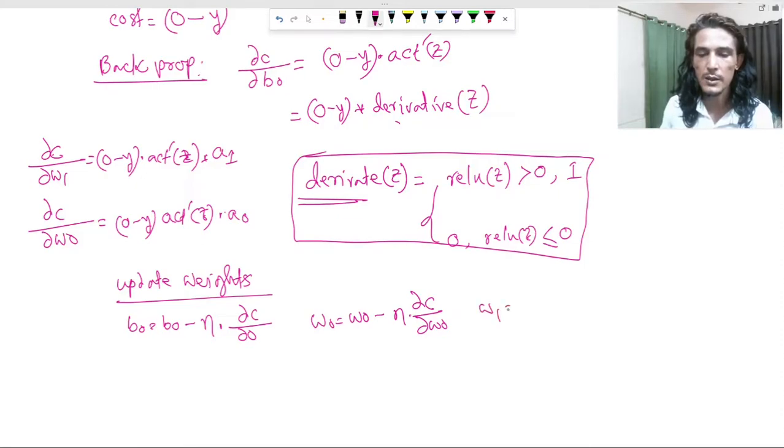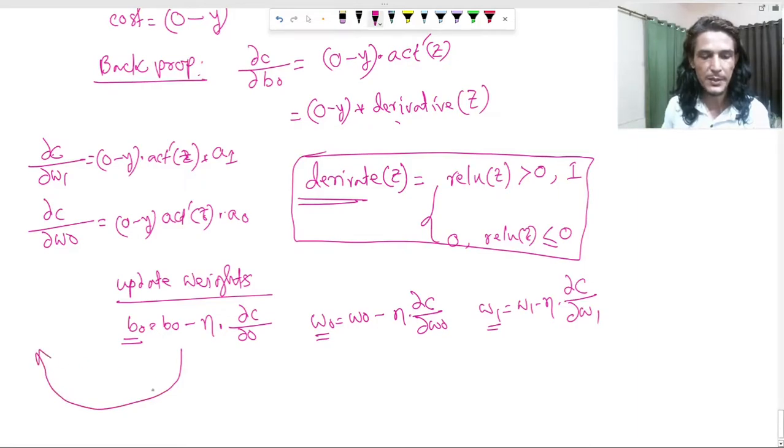Then W1 equals W1 minus eta into the rate of change of cost with respect to W1. That's all. Now, once we have updated that, since we have new B0, new W0, new W1, it's time to go back.